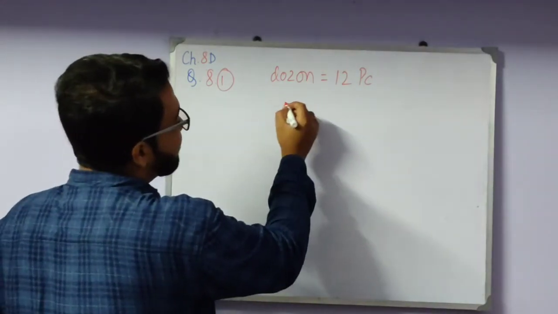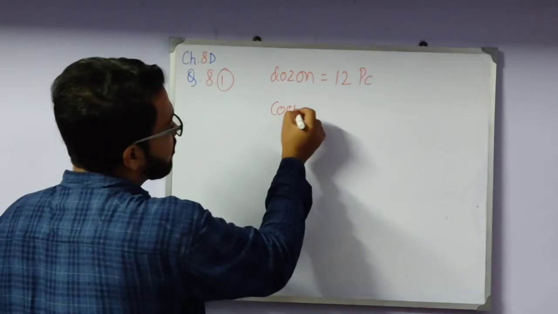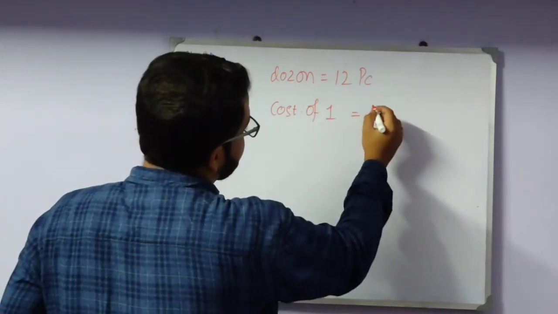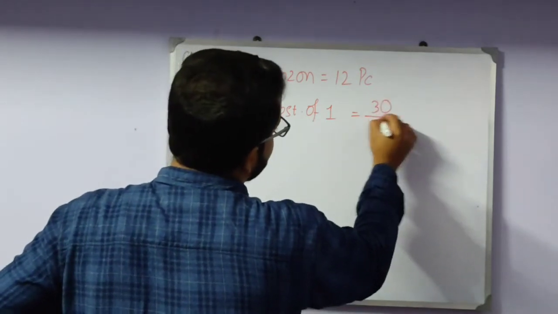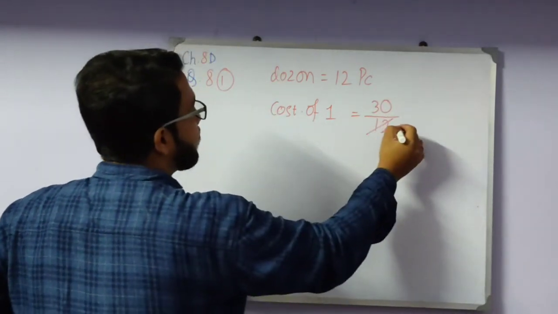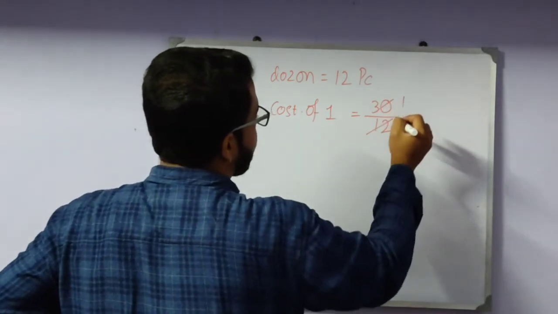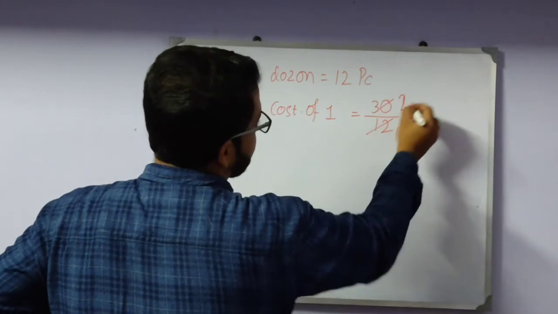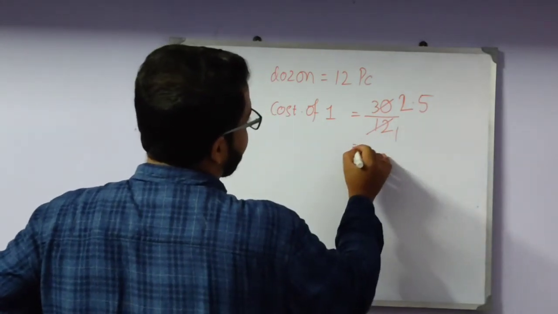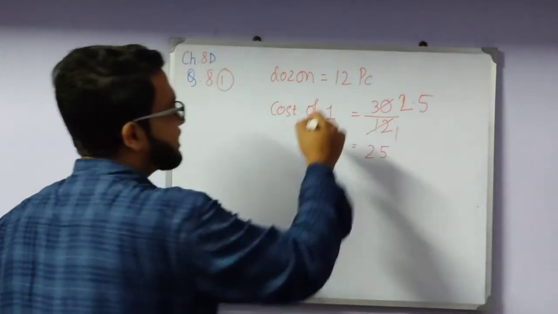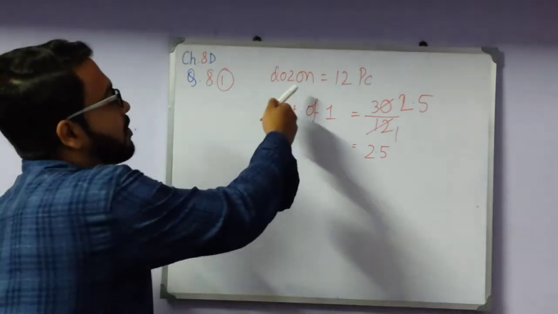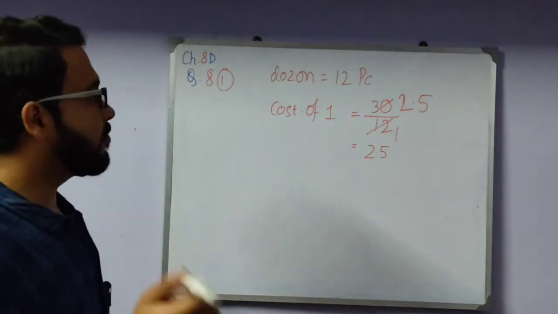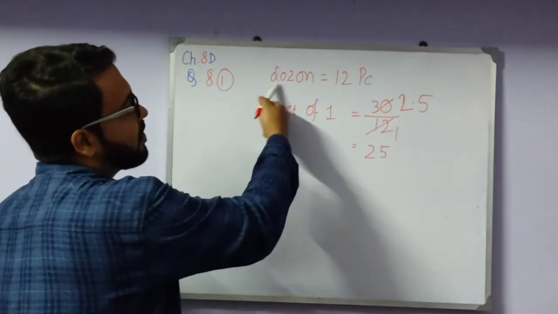So cost of one banana is 30 by 12, 2.5. Cost of one is 2.5 in the first case when he bought 1 dozen bananas for rupees 30. So cost of one banana is 30 upon 12 because 1 dozen means 12 pieces.